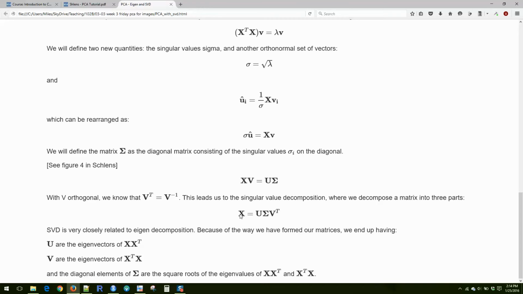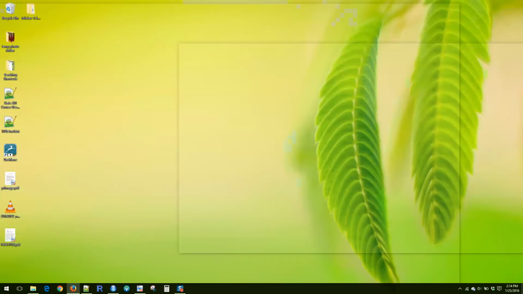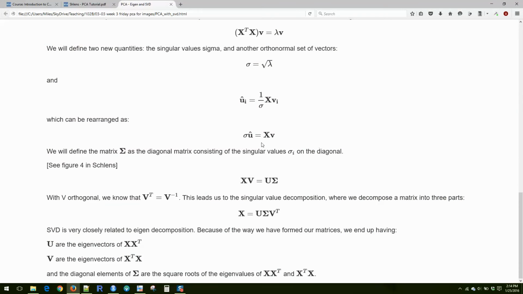But we're basically breaking down X into 3 parts. U and V are both square matrices, and Sigma is not a square matrix, but it's the matrix that allows us to multiply these 3 things together. So U is n by n, Sigma is n by m, and V is m by m.